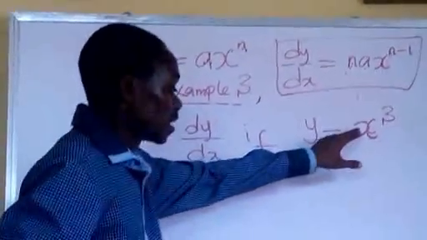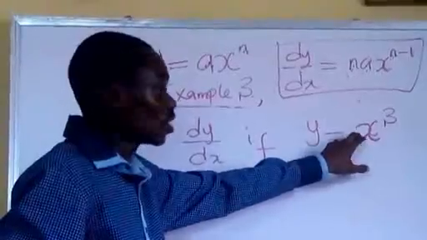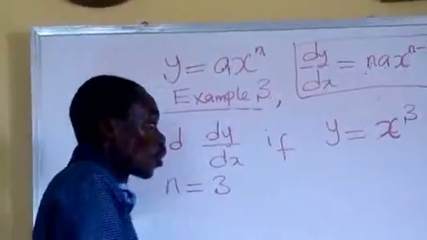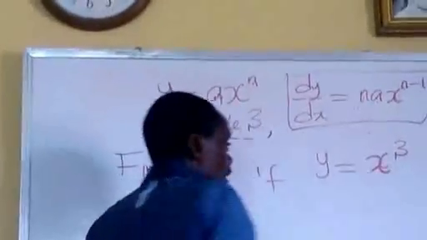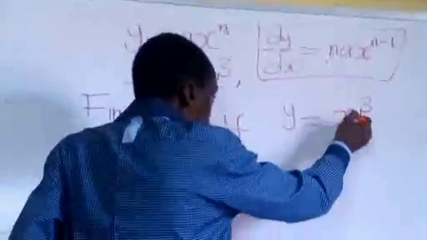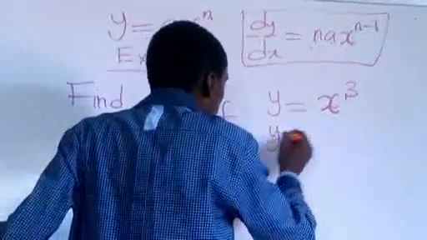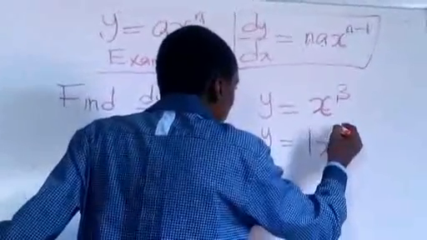Then there is no a, but there is an a, because there is an invisible 1 here. y equals x raised to power 3 is the same thing as y equals 1x raised to power 3.